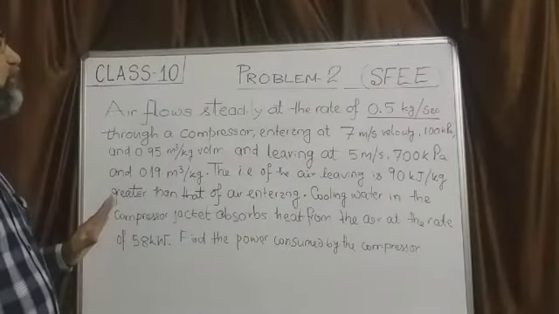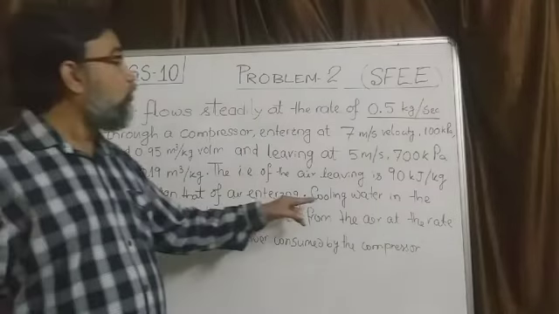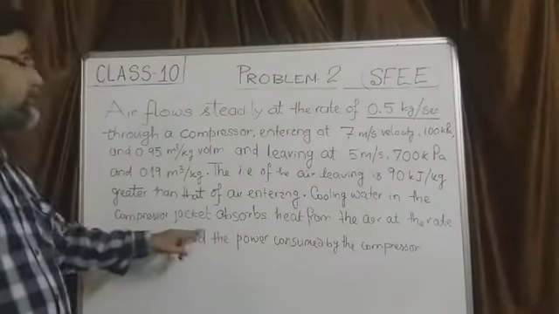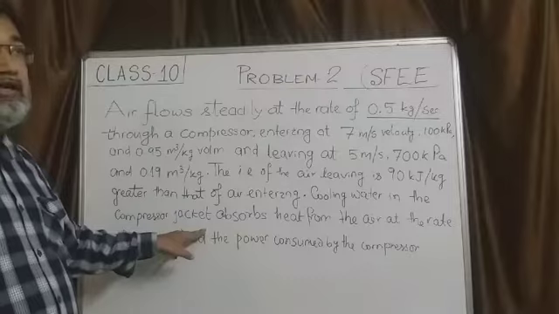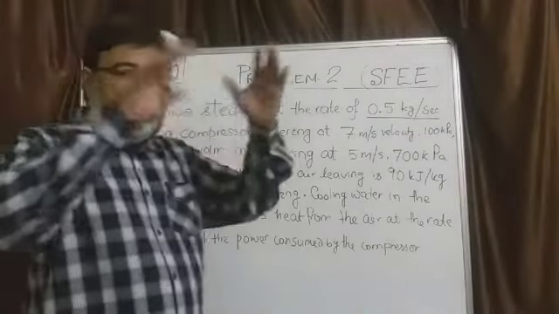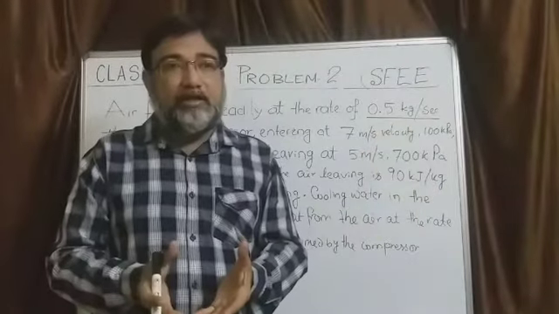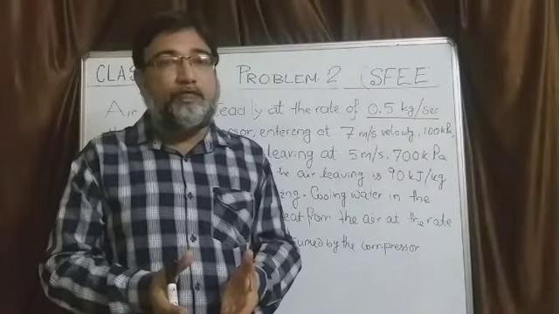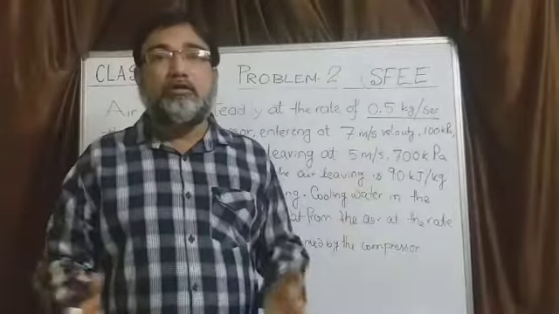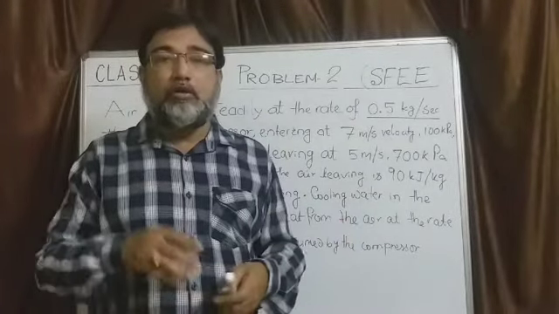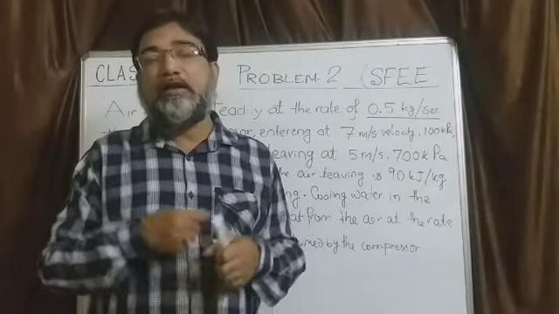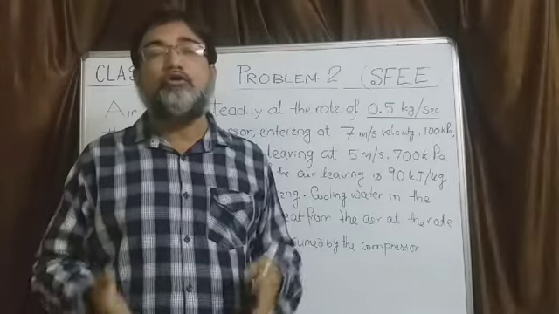Now with this information, one more piece of information is there. Cooling water in the compressor jacket. That means this is the compressor, and a compressor is surrounded by a jacket. If you see an industrial compressor, you will find it is surrounded by a jacket, because when you are compressing air and increasing its pressure, the temperature also will rise.